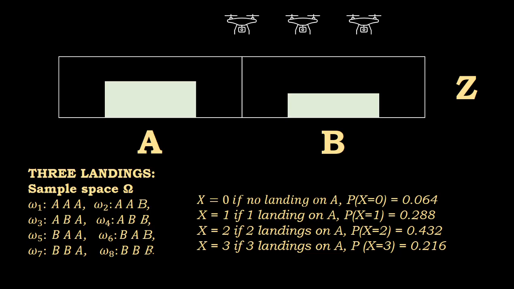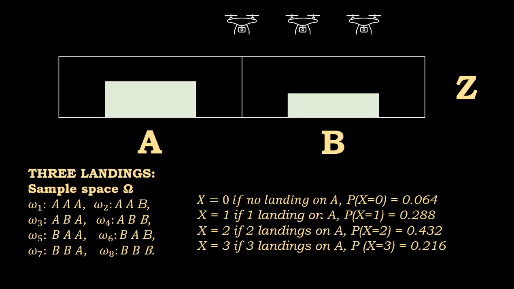The 3 landings are in B, so that is the only space in which there was no landing in A. So basically we have to multiply the probability of landing in B in the first landing times the probability of landing in B in the second landing times the probability of landing in B in the third landing. The probability is 0.4 times 0.4 times 0.4, and that gives us 0.064.